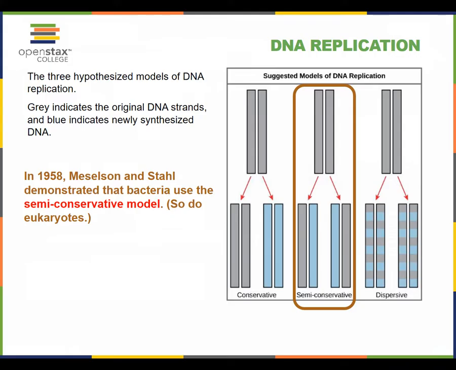And using an experimental method involving radioisotopes of nitrogen, they were able to demonstrate that the semi-conservative model is correct. So that's what bacteria use, and it turns out it was later also shown that eukaryotes use the same model of replication.